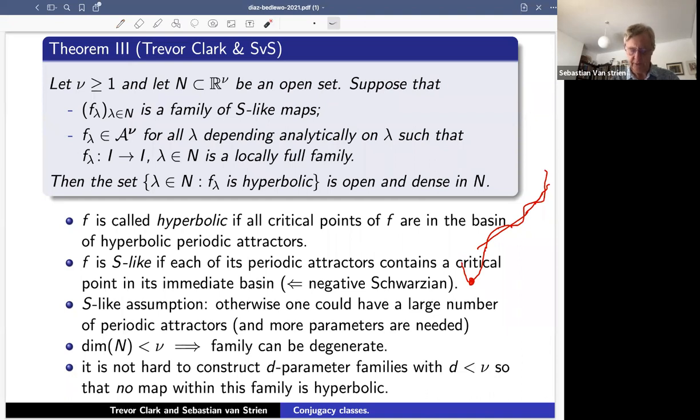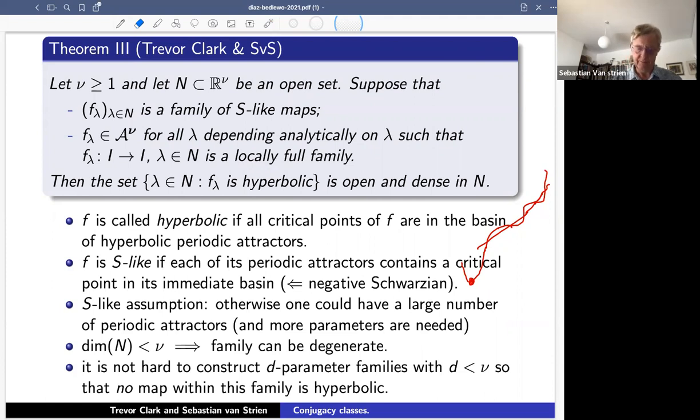And the second assumption is that the family is kind of full. What this rules out is that you don't take constant families. So you want all the dynamics that's nearby already to be contained in this family. Now, the property that we assert is that the set of parameters for which this map is hyperbolic is actually open and dense.